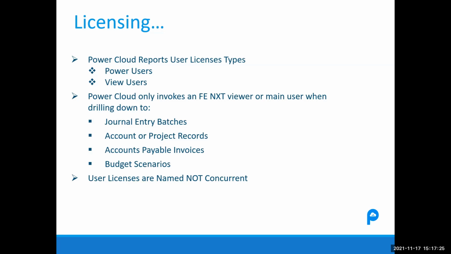If they go a level lower, then they are invoking one of their Financial Edge NXT users. And Robbie will go into some more detail during the demonstration today about the drill down capabilities. The licensing in Power Cloud reporting is named. It is not concurrent like your Financial Edge NXT users.